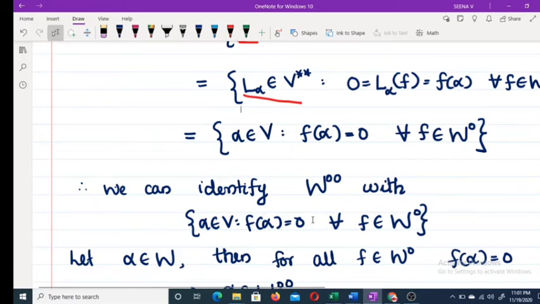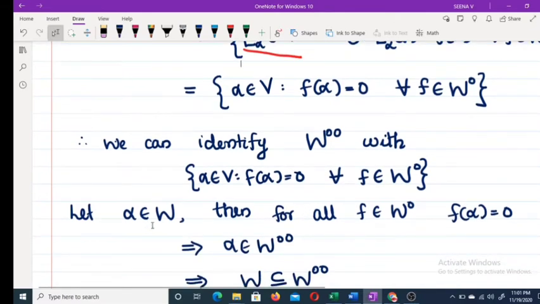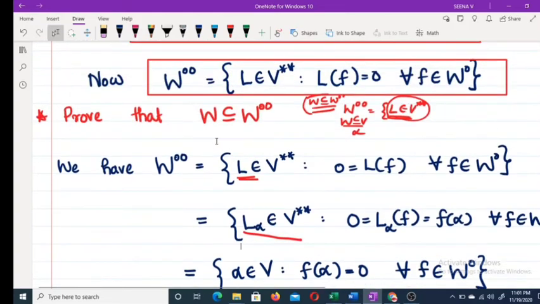Now let alpha belongs to W. We have to prove W is a subset of W double naught.